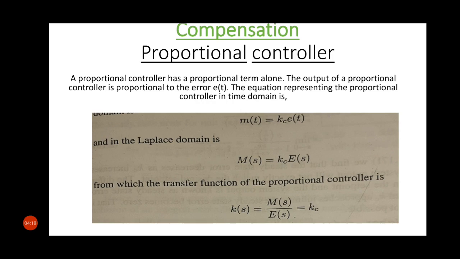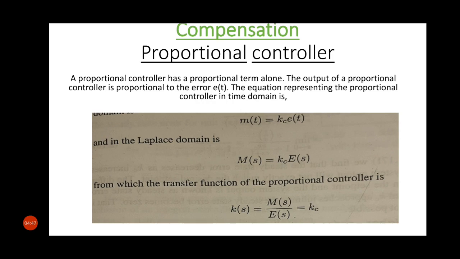The equation representing the proportional controller in the time domain is m(t) = Kc e(t), and in the Laplace domain, applying the Laplace transform, M(s) = Kc E(s).